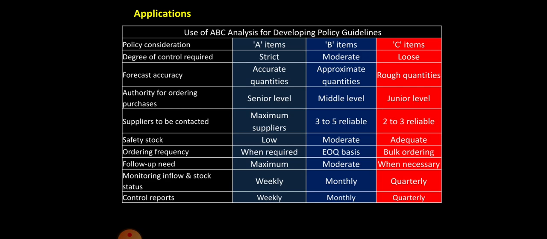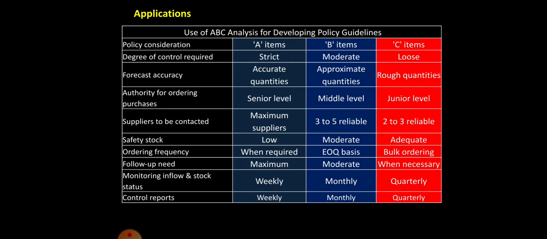To forecast the requirement of material, we have to accurately find out the quantity of material required in case of A, whereas approximate in case of B and rough quantities in case of C group items. As far as ordering powers or authority is concerned, in case of A items, a senior level person has the authority to place an order, whereas in case of B it is a middle level, and in case of C a junior level person can also place the order.